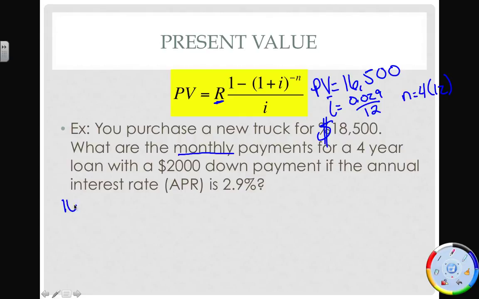So I get 16,500 equals R times 1 minus 1 plus 0.029. Whoa, what am I doing there? Divided by 12 to the power of negative 48 all over 0.029 divided by 12.